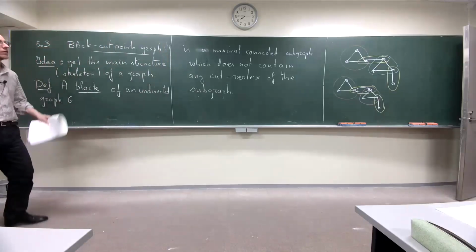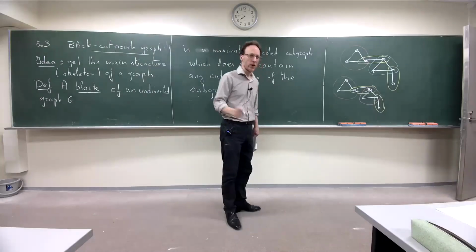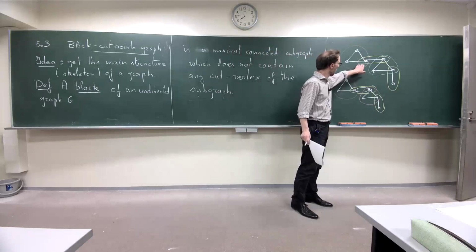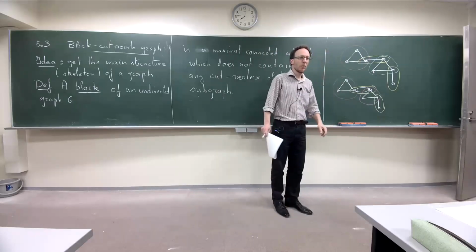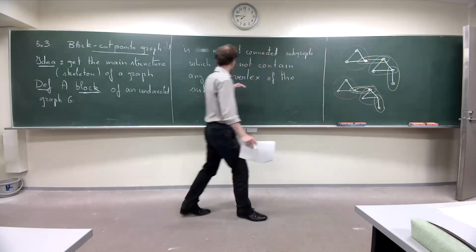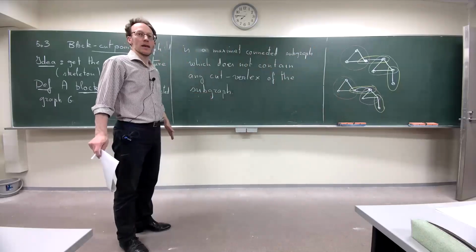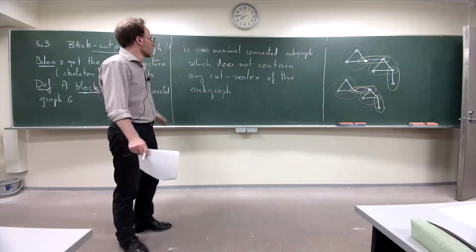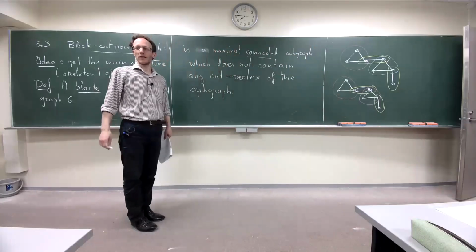What do we observe? First, observe that a block can contain a cut vertex of the full graph. This vertex is a cut vertex of the full graph. If I remove it, the graph is disconnected, but it's not a cut vertex of the subgraph. A block has to be connected.